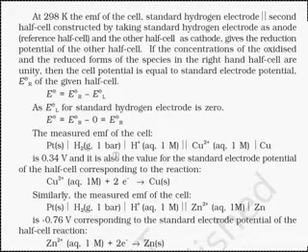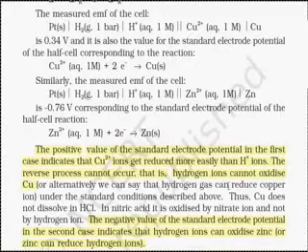So that's it. So over here you can see, here copper is acting as a cathode and hydrogen is acting as an anode, whereas in this example the measured EMF of the cell is minus 0.76 volt, whereas in the first example the measured EMF of the cell was 0.34 volt.